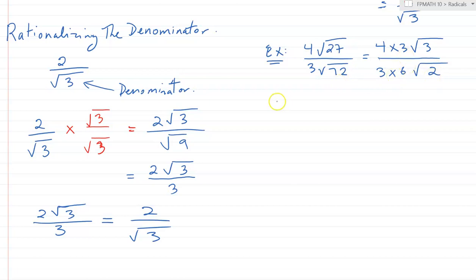So now we have 12 root 3 on top, and the bottom would be 18 root 2.